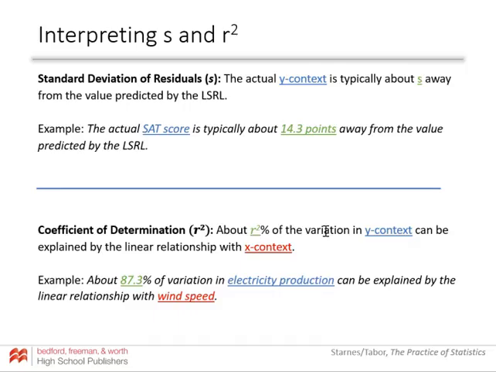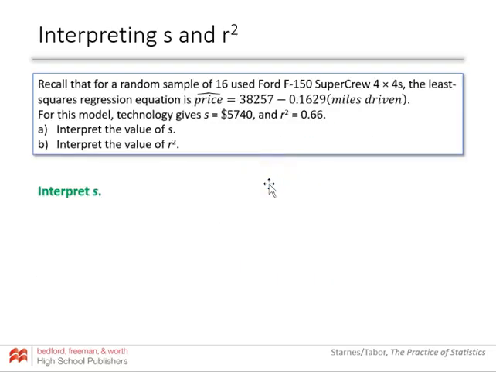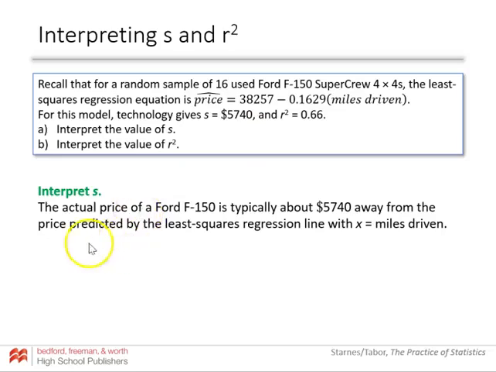LSRL is an abbreviation for least squares regression line. And then for coefficient of determination, about R squared percent of the variation in Y can be explained by the linear relationship with X. And you do have to include that word linear relationship because that's the only time R squared is valid.